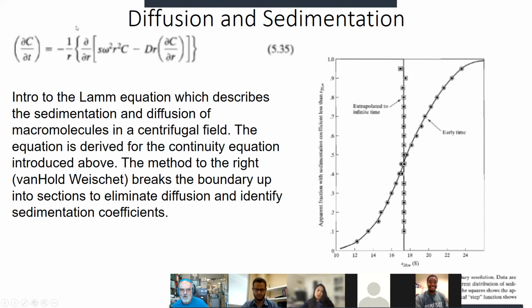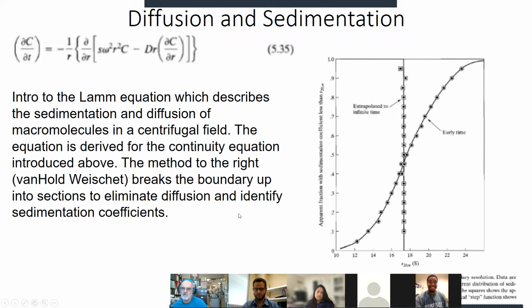This is the equation that we write out, and this is the equation that we use, okay? There are lots of different ways of analyzing data. One of them is the so-called Van Holde-Weischet method, which was a paper that Ken Van Holde published in the 70s. It was a way of analyzing the shape of the boundary in terms of a sedimentation coefficient.